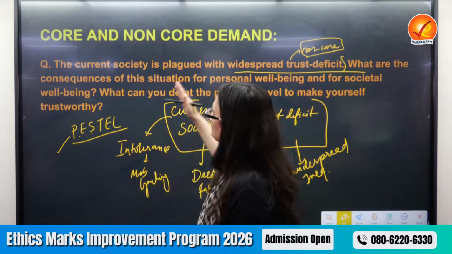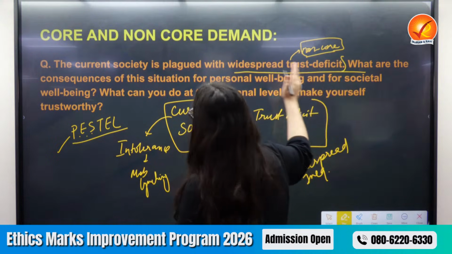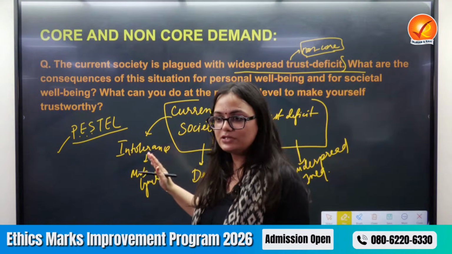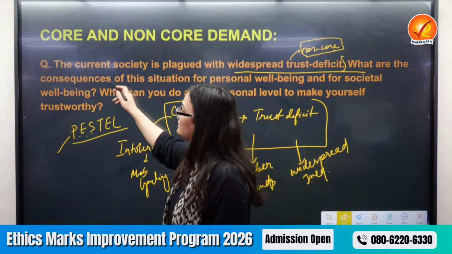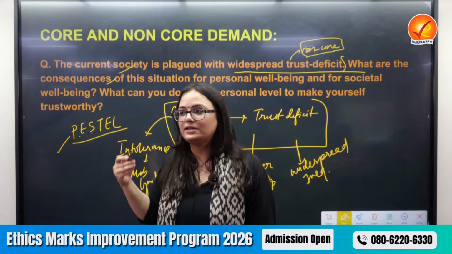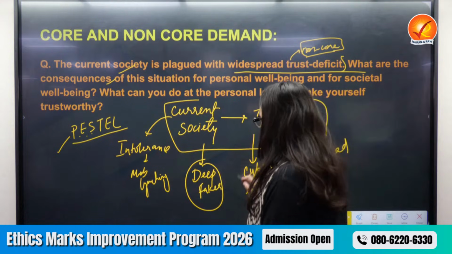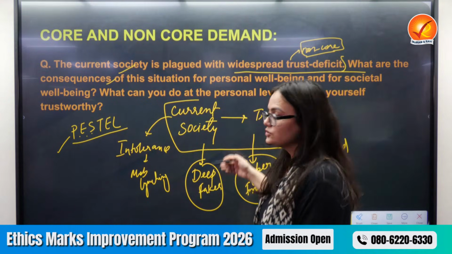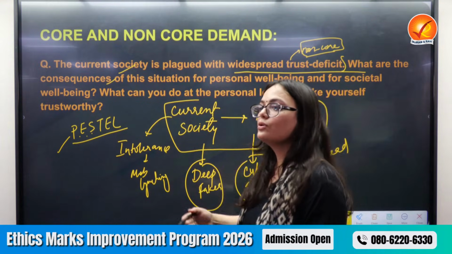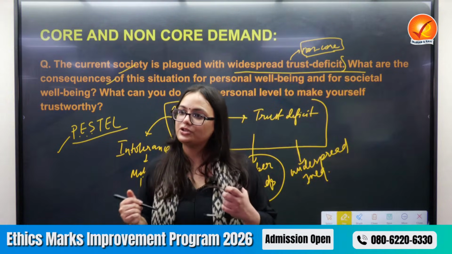Okay? The current society is plagued with widespread trust deficit. What are the consequences of the situation? First, you will tell the consequences only when you tell that yes, there is a trust deficit. How does it show? It shows in deep fakes, for example, in cyber frauds, right? So when you write like this, you actually go closer to attempting the demand of the question better. Okay?